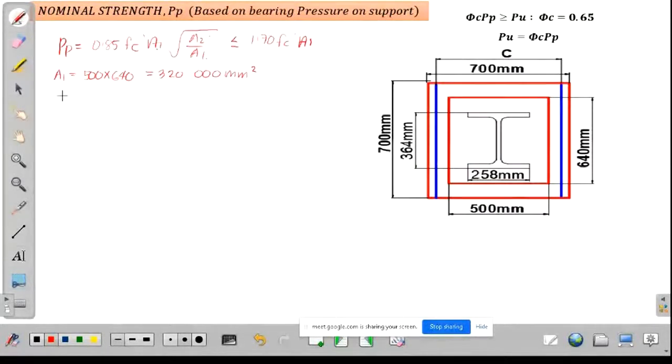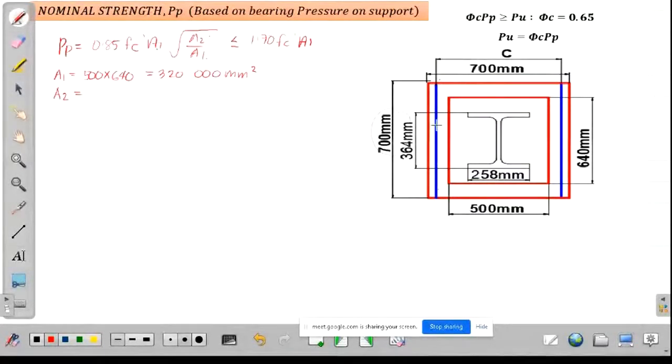Okay. So for area 2, ano yung magiging area natin? So that is the largest maximum area that is geometrically concentric or similar. So yung kinuha natin dito is yung buong length, 700.